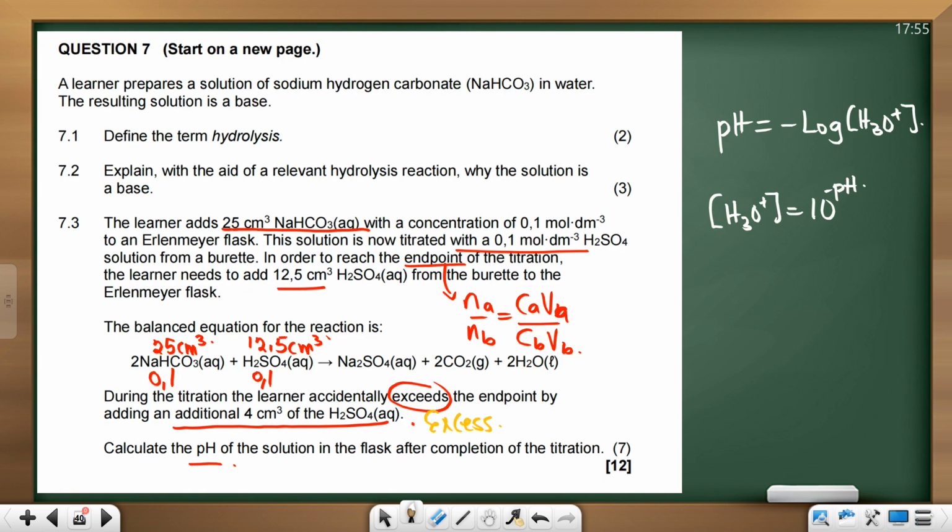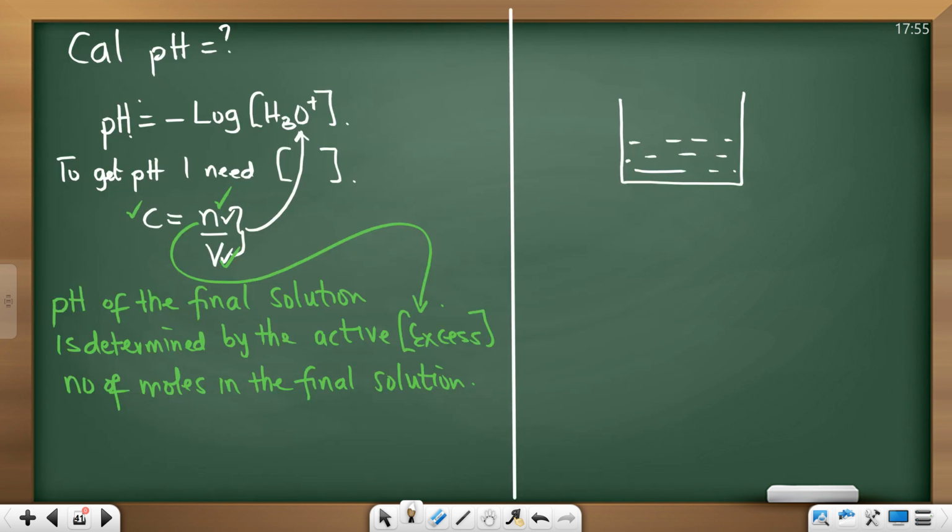So, what do we have? We have 25 cm cube of sodium hydrogen carbonate. Mind you, don't forget, it is 25 cm cube of sodium hydrogen carbonate of 0.1 moles per dm cube.